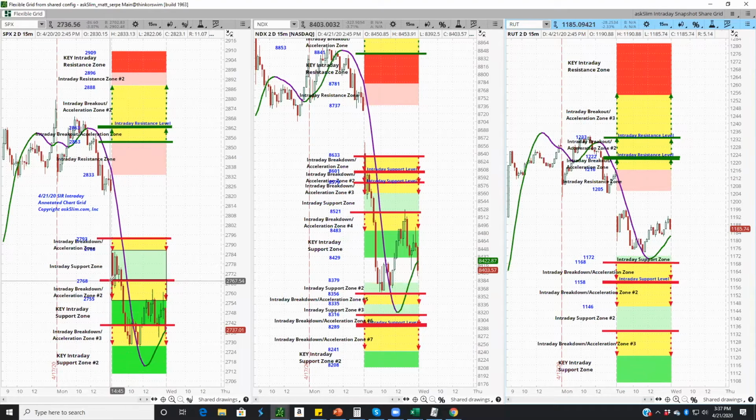These are resistance or support areas, or the support trigger line. The analysis suggests that when we violate our support trigger line, we will fulfill the acceleration zone.